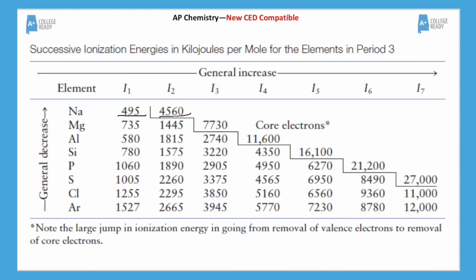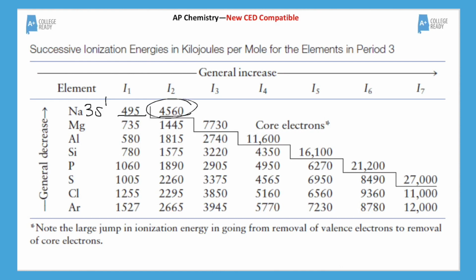Well, it depends on, and maybe you've already figured this out, think about valence electrons. Sodium has a valence electron, because notice sodium's a group 1 metal, its valence electron is 3s1. So that 495 is how much energy it takes to remove sodium's 1 valence electron. So why is it taking so much energy to remove a second electron from sodium?